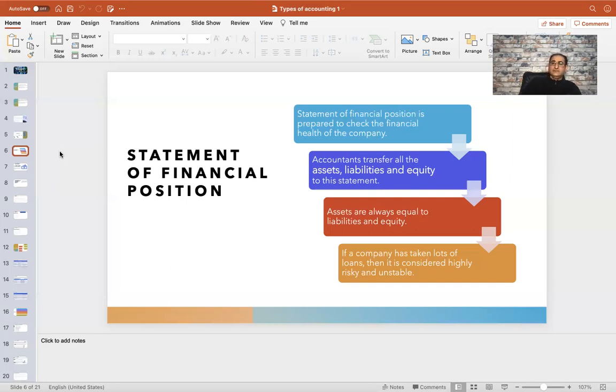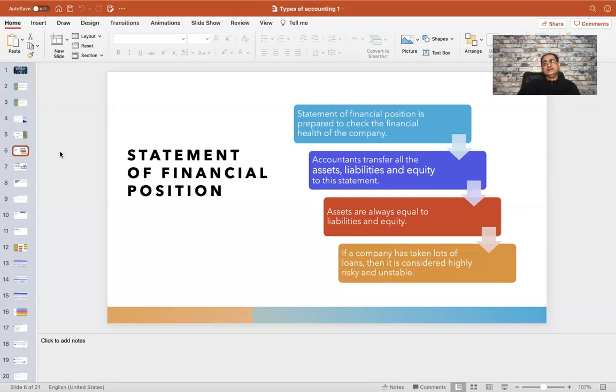And one important point is that the organizations which are relying on liabilities, which have generated so much funds from liabilities, normally we can say that their financial health is not good. These organizations are struggling. And what is the reason?